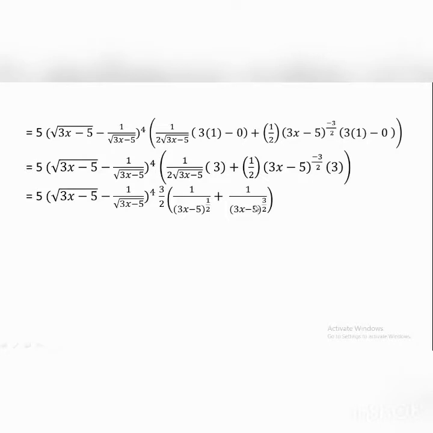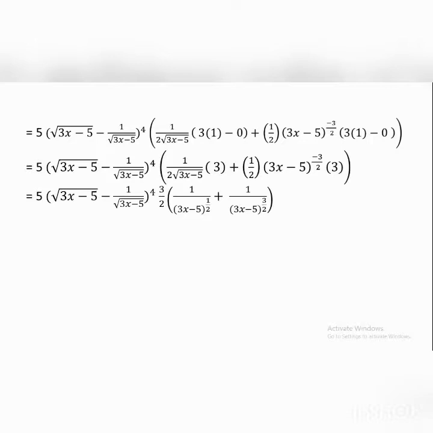Now take the common term. What is the common term here? 1 upon 3x minus 5 raised to half plus 1 upon 3x minus 5 raised to 3 by 2. The 3x minus 5 bracket is the same, but the common term is the power 3 upon 2.